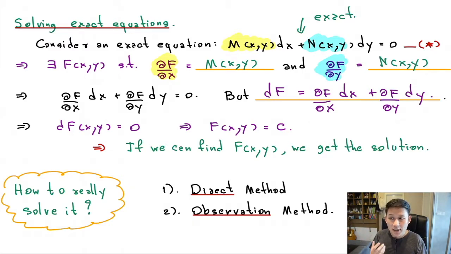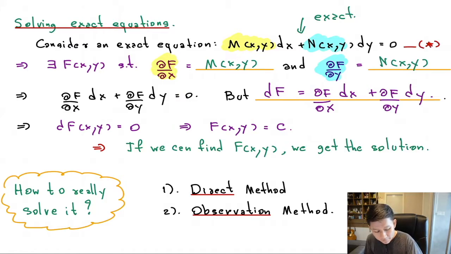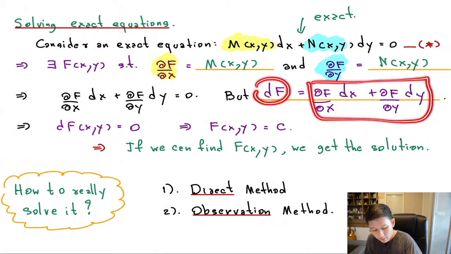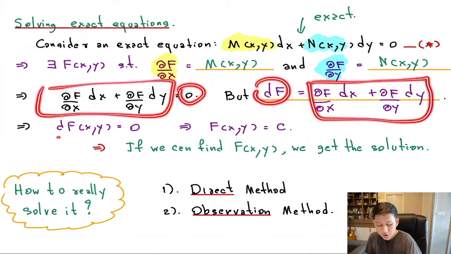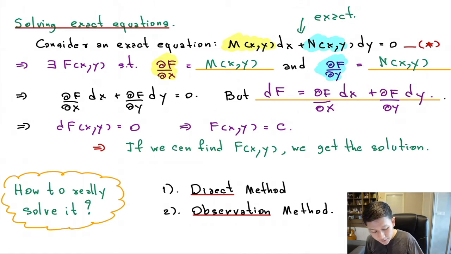In that case, if this is 0, which means that df is the same as this guy, it is 0. So we have that df is 0. And f is a function. If its differential is 0, it means that f is just a constant. Make sense? C is a constant.